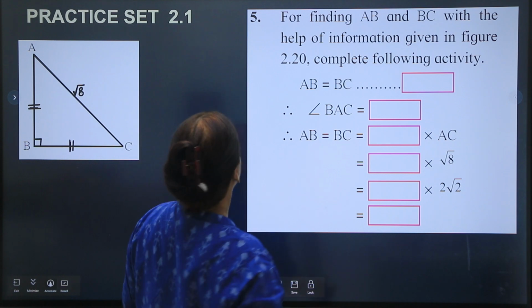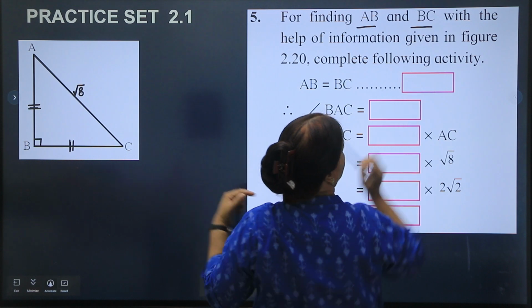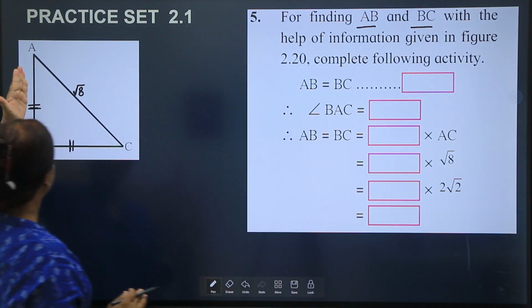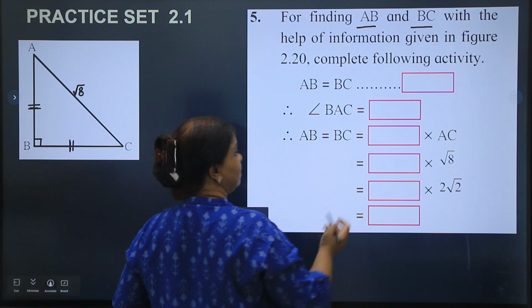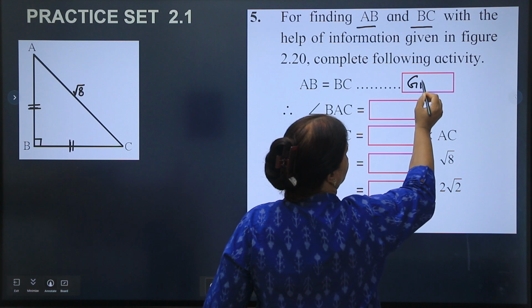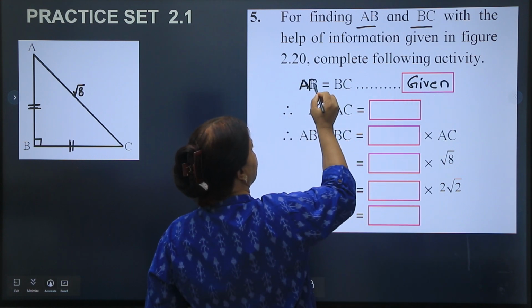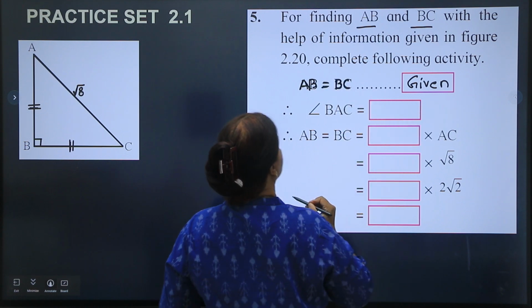Let's do this. AB and BC we need to find out with the information given. See here, children, AB is equal to BC, and the reason is given.